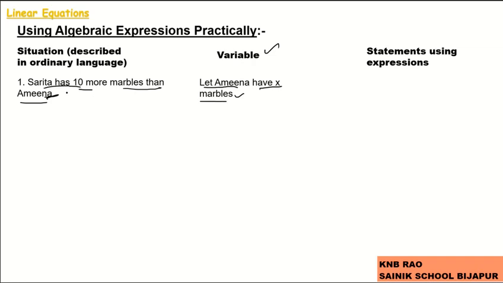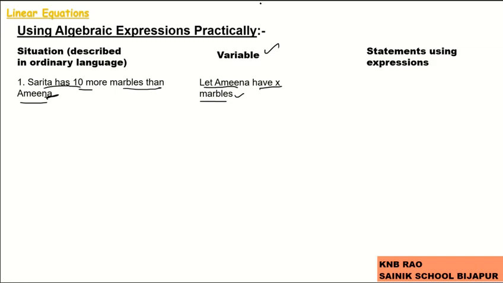So, first in the statement we need to understand what depends on the other. Here, the number of marbles with Sarita depends on the number of marbles with Amina. Therefore, I assumed the number of marbles with Amina as x.